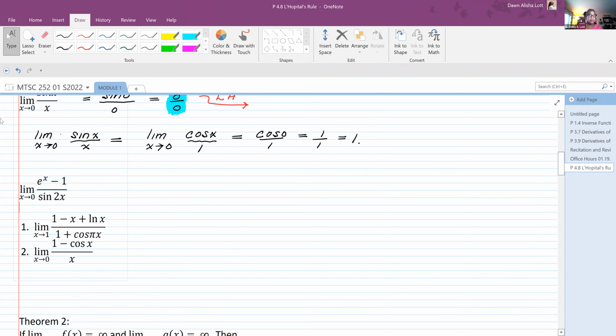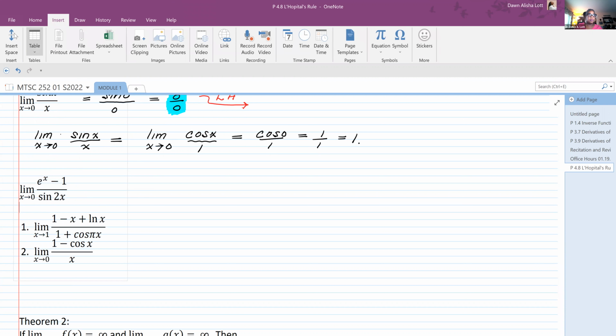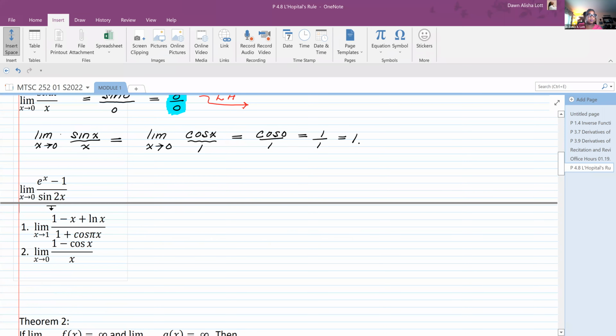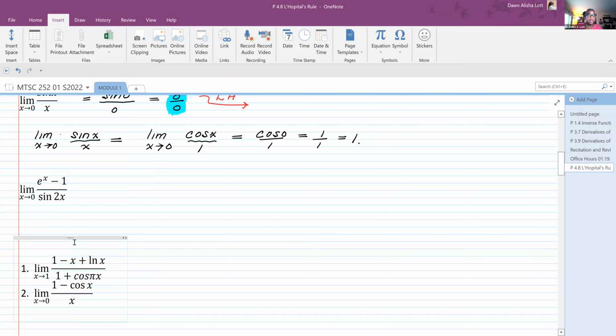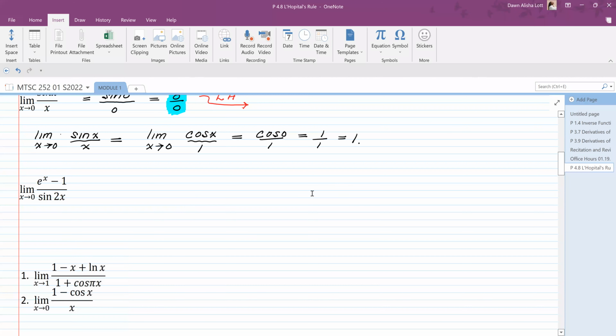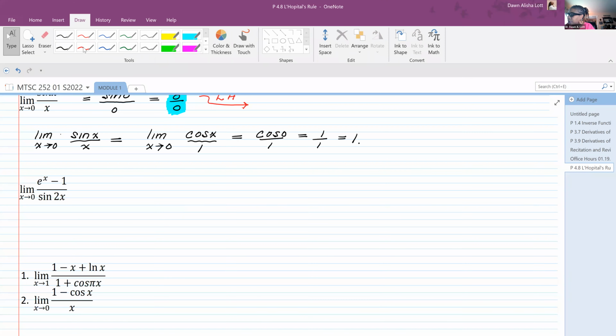Any questions about that? You say you take the derivative of the numerator? Yes, I am not using the quotient rule. L'Hopital's rule is not the quotient rule.